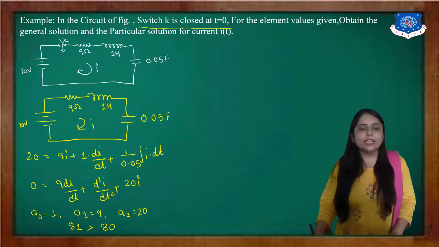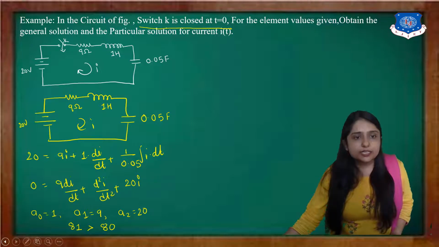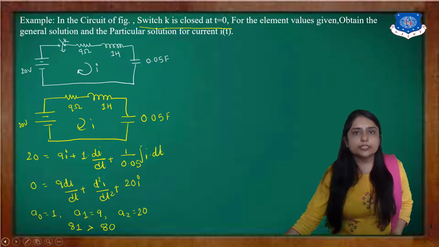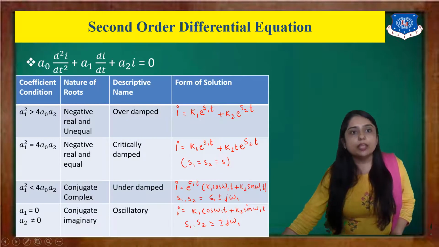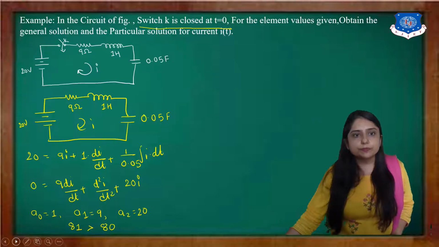So definitely 81 is greater than 80. So in this case my A1 square is greater than 4A0A2. That means directly I have to apply this form of solution: I equals K1 e raised to S1t plus K2 e raised to S2t.